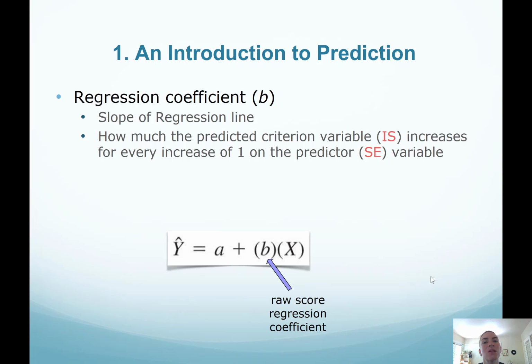And when I say single unit, I really just mean for every 1 point increase in x. So right now x is self-esteem, so b will be equal to the expected change in imposter syndrome scores for each point increase on the self-esteem scale.